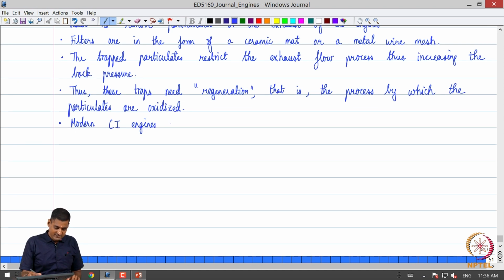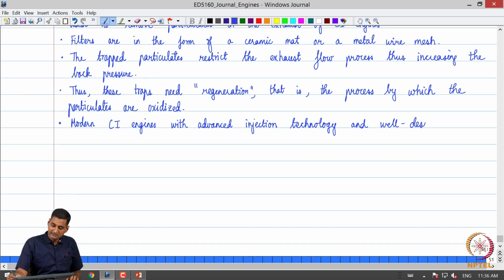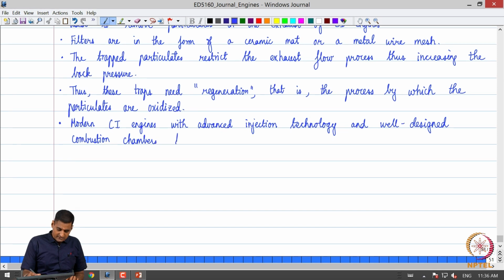So, modern CI engines with advanced injection technology and well designed combustion chambers have greatly reduced the particulate concentration.